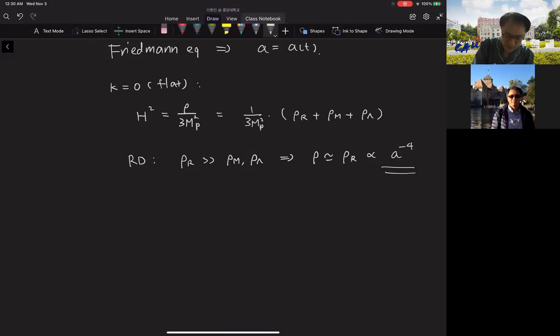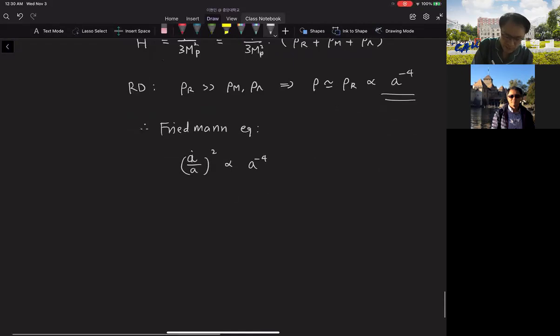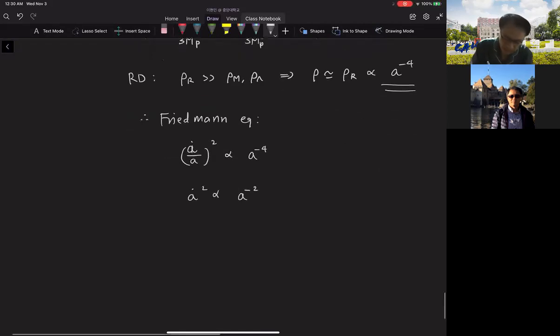So the Friedmann equation, therefore, becomes A dot over A squared scales as A to the minus 4. That means A dot scales as A to the minus 2, so that A dot is the inverse.